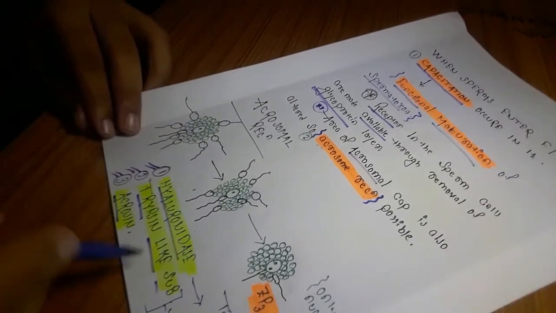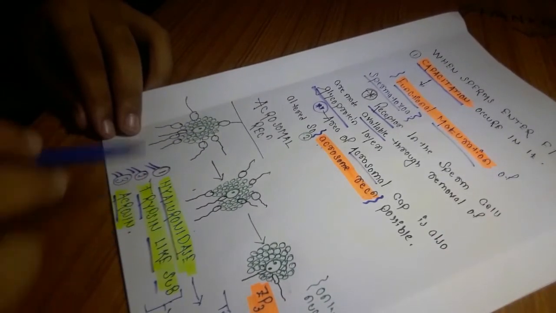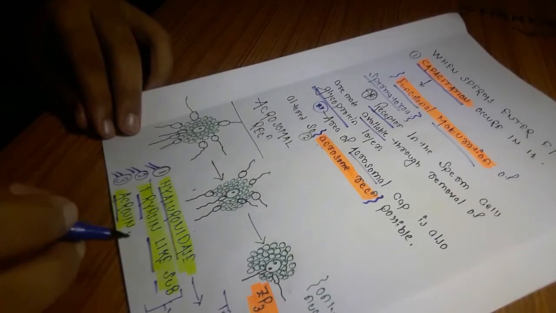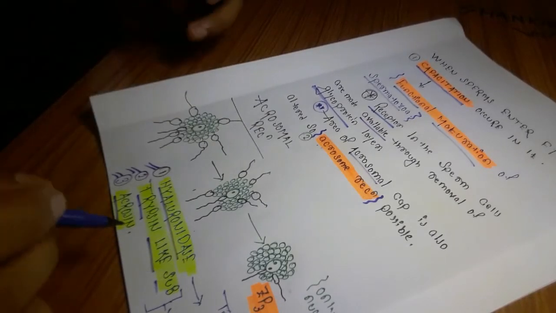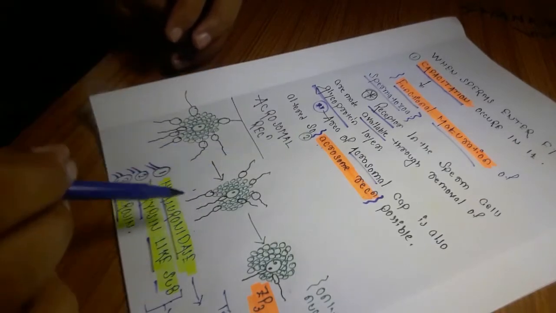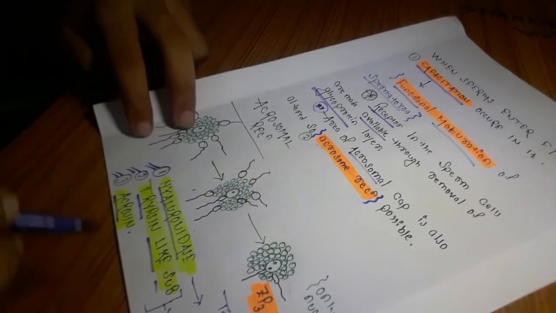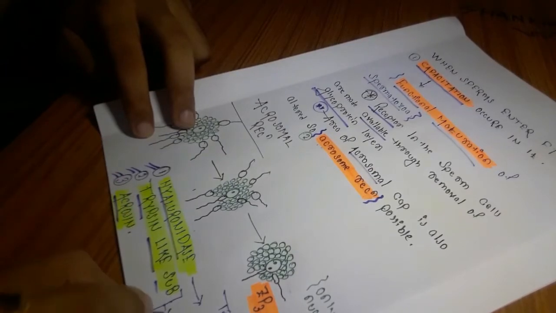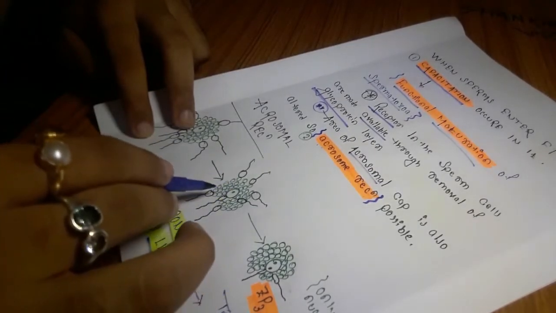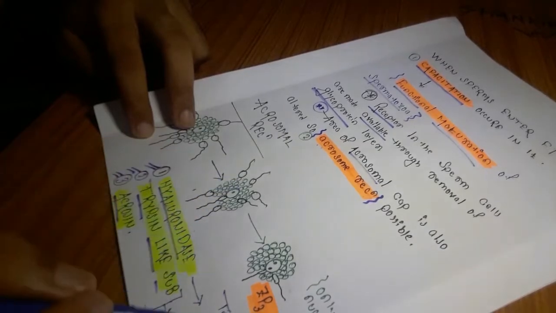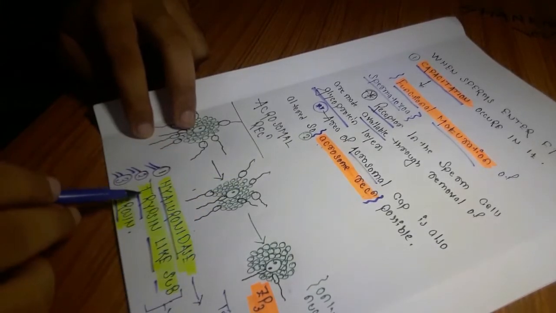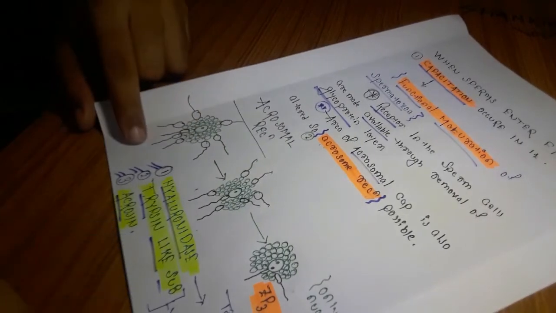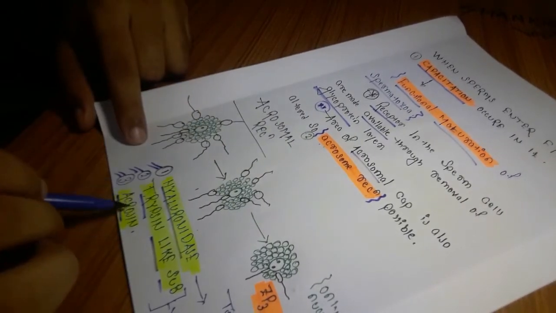In this reaction, the three most important enzymes are released by the sperm: hyaluronidase, trypsin-like substances, and acrosin. Hyaluronidase is released to penetrate the corona radiata cells, these outer cells. Next, trypsin-like substances and acrosin are secreted from the sperm to penetrate the zona pellucida. These are the three enzymes.